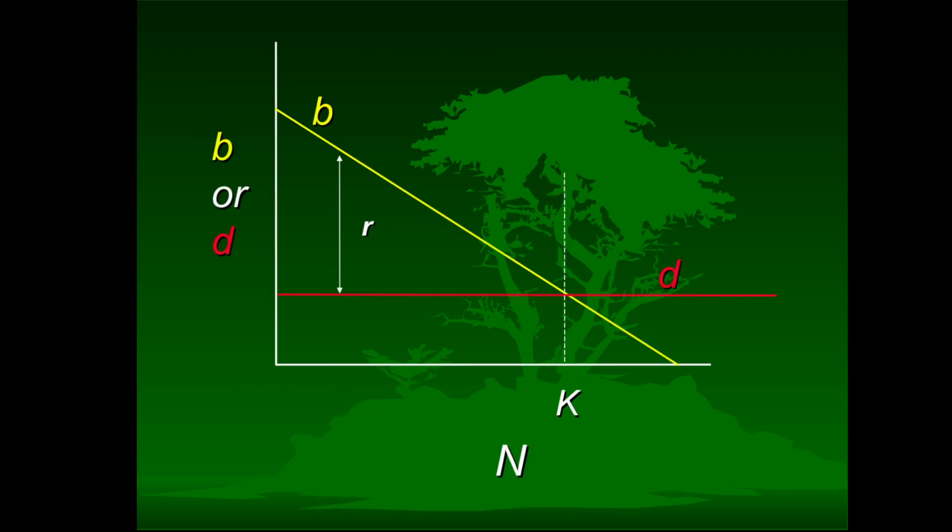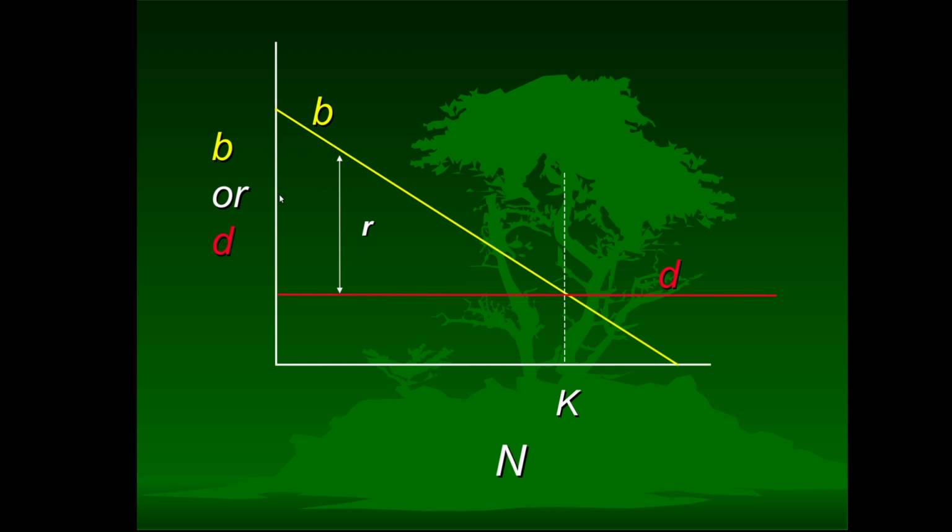Okay, so we can visualize this on this graph here. We have N increasing here up to the carrying capacity. And then you have some density dependent factor decreasing the per capita birth rate as N increases, with the death rate staying the same. We could have the death rate increasing a little bit, but it doesn't really matter.